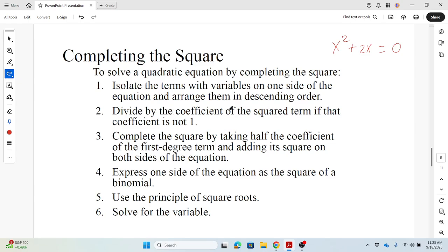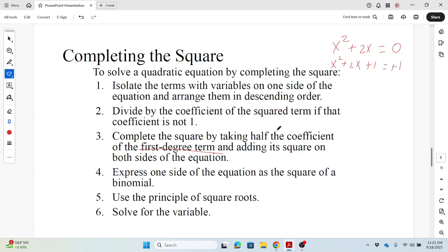Divide by the coefficient of the squared term if that coefficient is not 1. Here the coefficient of x squared is 1, so you don't have to divide. Complete the square by taking half the coefficient of the first degree term. So you can complete the square by taking half of this x coefficient, which is half of 2, which is 1. So you want to add 1 to both sides.